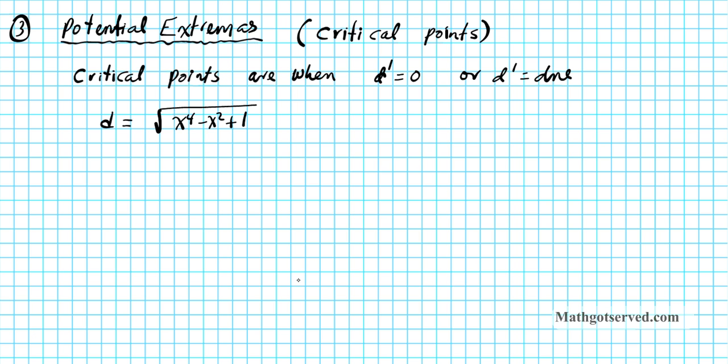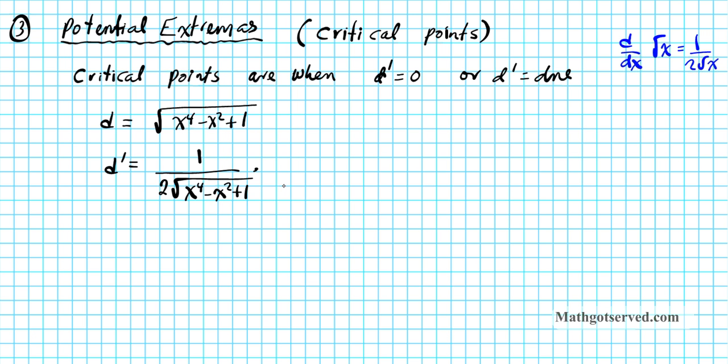So let's differentiate this. Remember the differentiation shortcut for radicals: d/dx of the square root of x is equal to 1 over 2 root x. So we're going to apply that here. We also have to apply the chain rule here since we have an inner function. So d prime equals 1 over 2, differentiating the parent function and holding the inner polynomial fixed, times the derivative of the inner function, which is x to the fourth minus x squared.